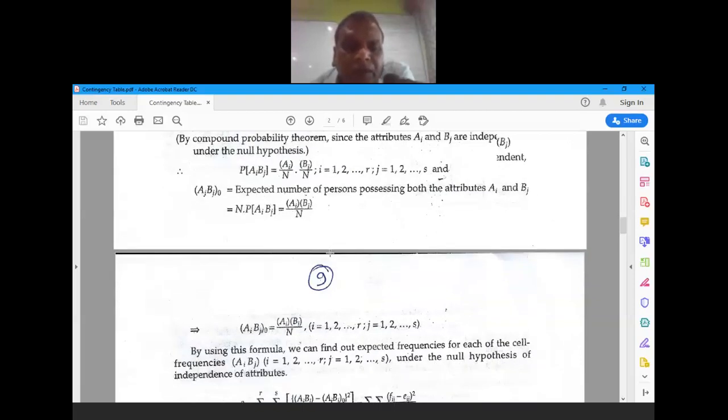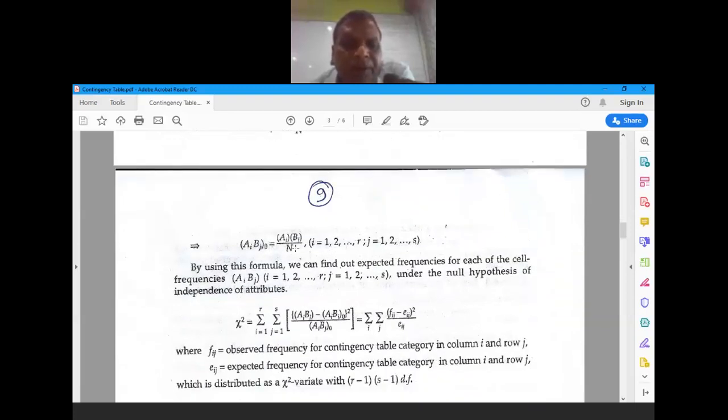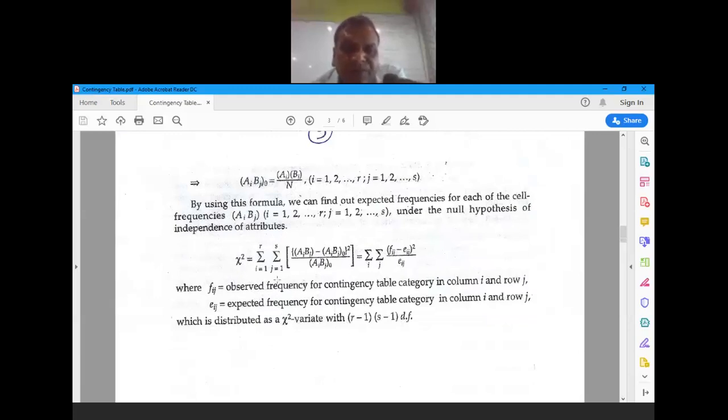So this is equal to Ai into Bj divided by capital N. By using this formula, we can find the expected frequency for each of the cell frequencies Ai Bj under the null hypothesis of independence. Chi-square is equal to the double summation, the first summation with i from 1 to R, and the second summation with j from 1 to S, of Ai Bj, the observed frequency, minus Ai Bj suffix naught, the expected frequency, whole square, divided by Ai Bj naught.